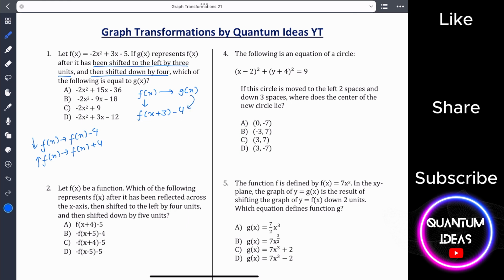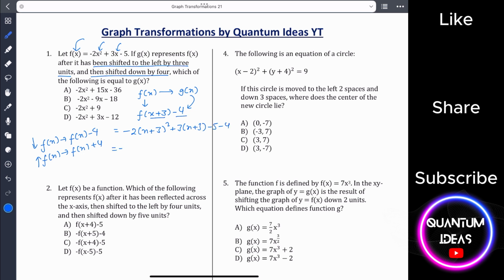Now since we have x plus 3 in place of x, we have to plug in and find the answer. So just plug in x plus 3 in place of x. Minus 2 times (x plus 3) squared plus 3 times (x plus 3) minus 5, and don't forget to write minus 4.